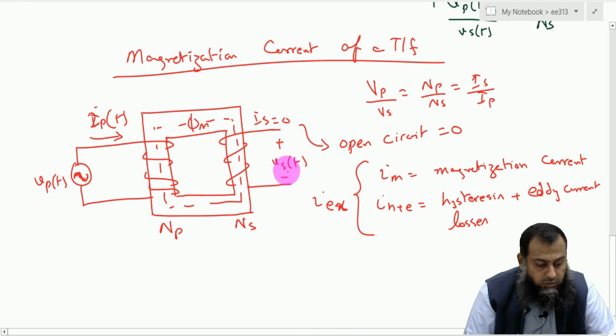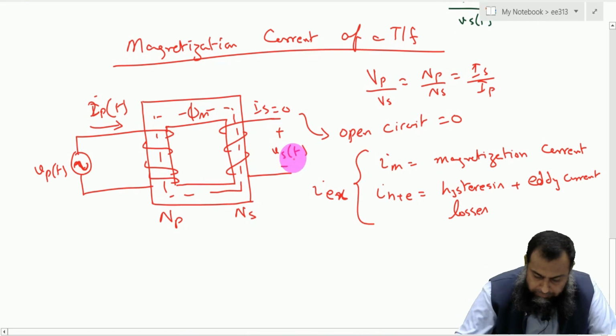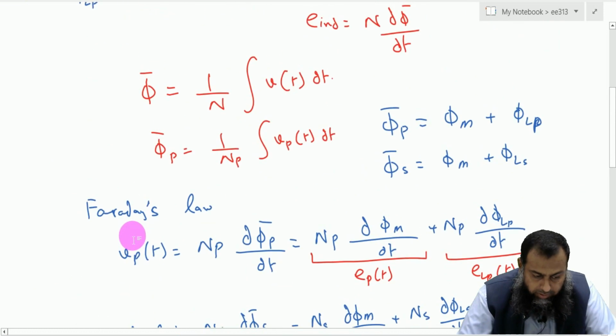kept open. So since we can see here that the average flux phi p is equal to 1 over NP integral Vp(t) dt.